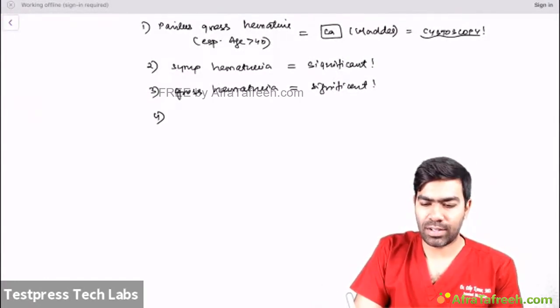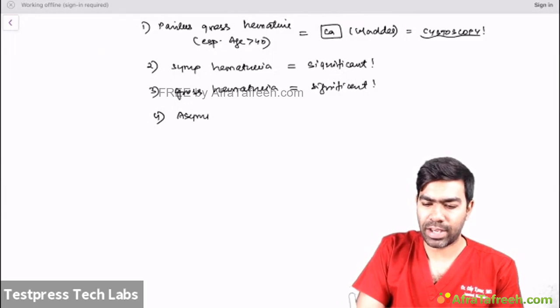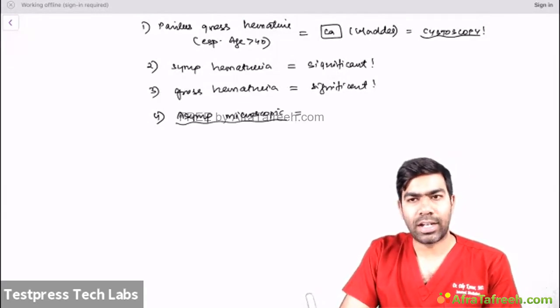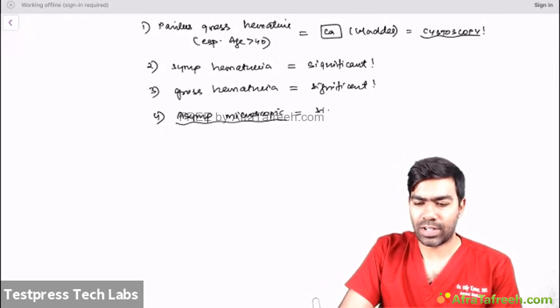And number 4, asymptomatic microscopic hematuria. Whether it is significant or not, a single finding is not significant. It becomes significant only if persistent.